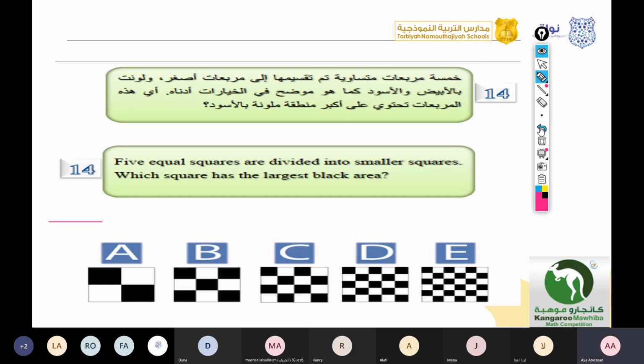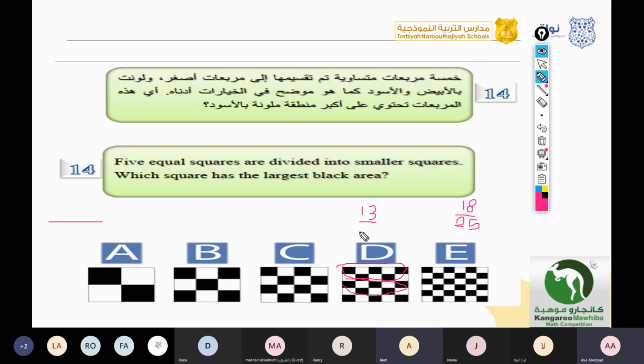Remember the fraction? About E, when I count the black, I found 18, and all of them is 25. So from here, let's count. This is 5. Teacher, I said B. 5 black. I changed my answer to B. Is that okay? Okay, I will see.